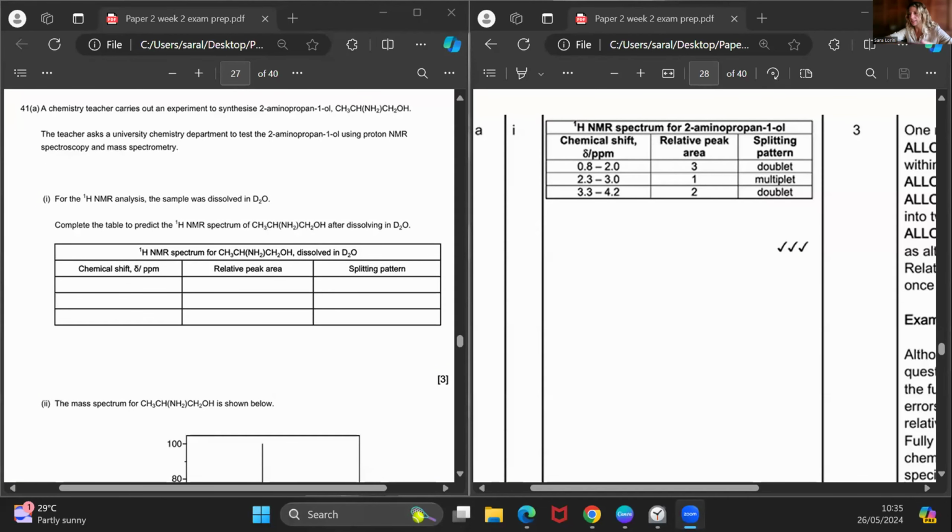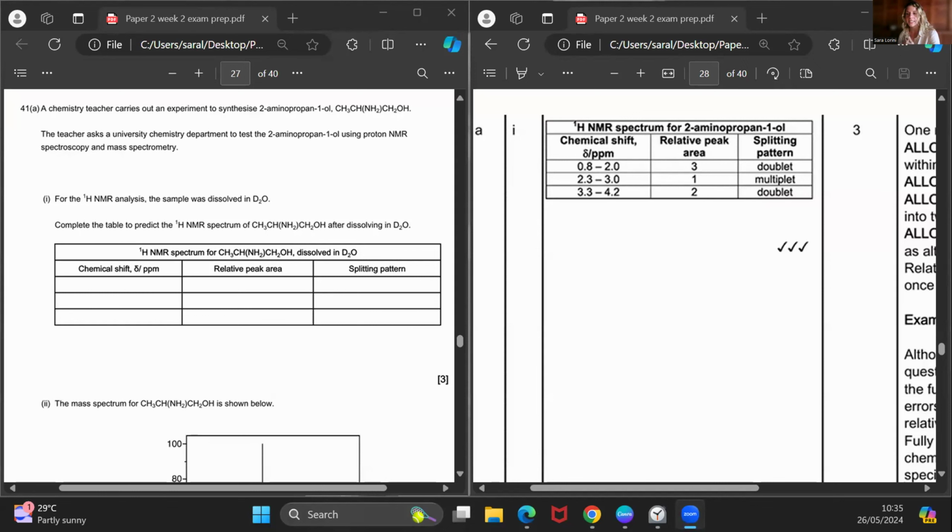So hydrogen NMR is not only a more difficult type of analysis than what we've done at the beginning of the lesson, but it can also be a little bit more straightforward, like working out just the chemical shift, the peak area, and the splitting pattern. The important thing in this question that I liked is that it refers to D2O.